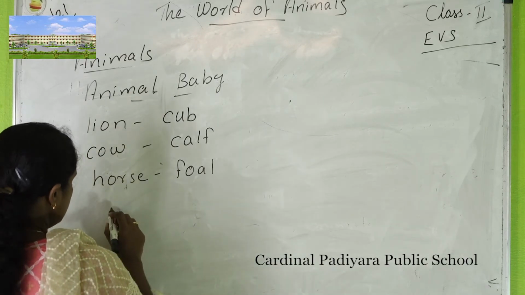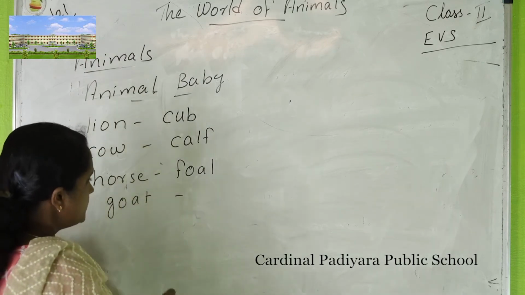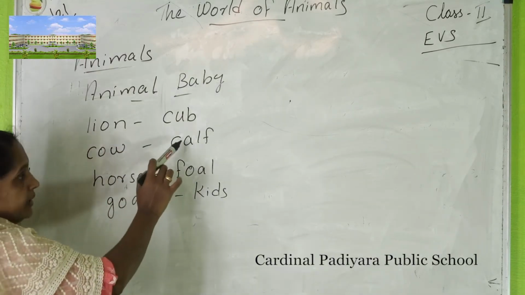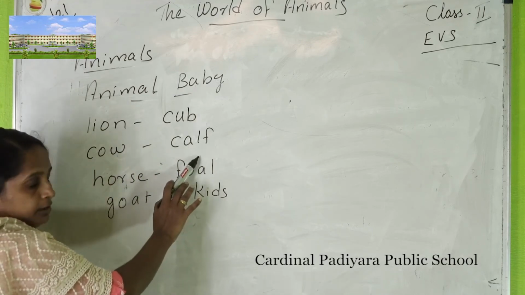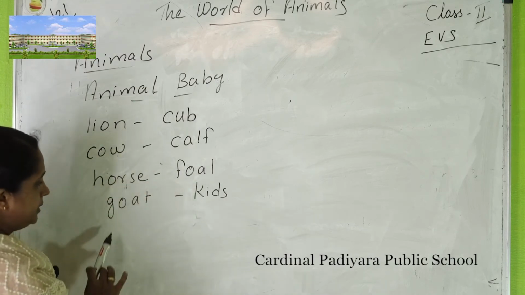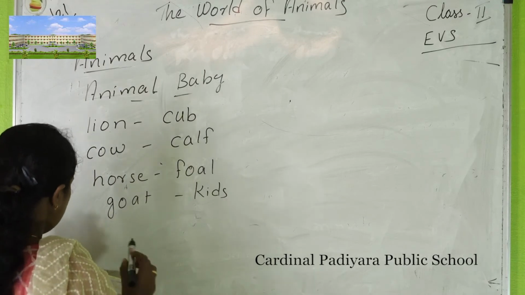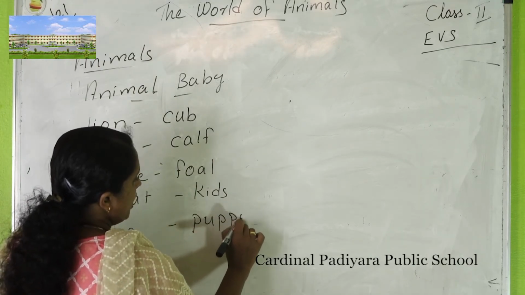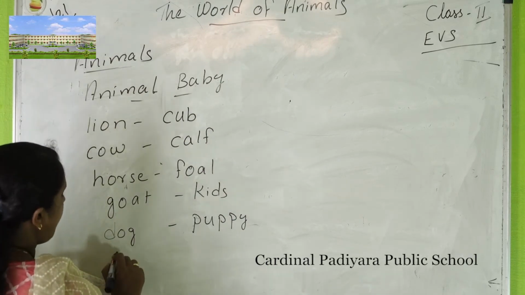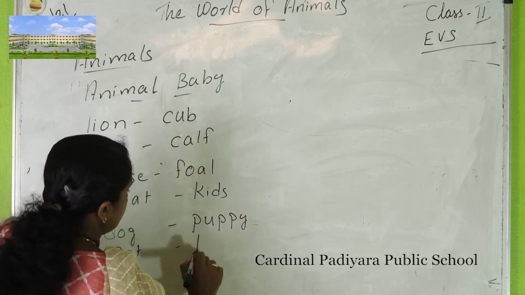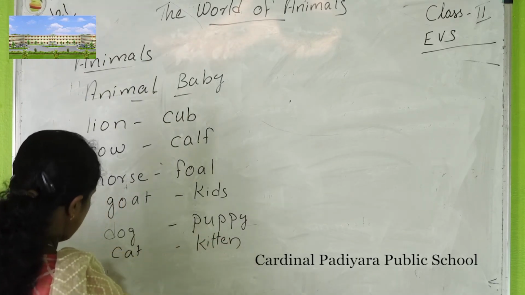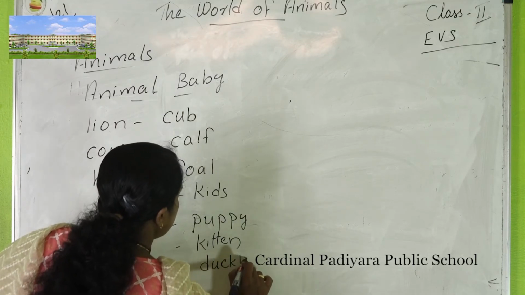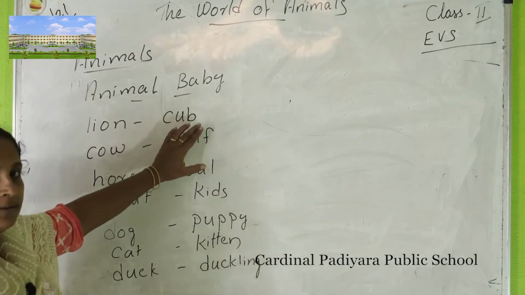Next, the young one of a goat is known as a kid. Young one of lion, cub.